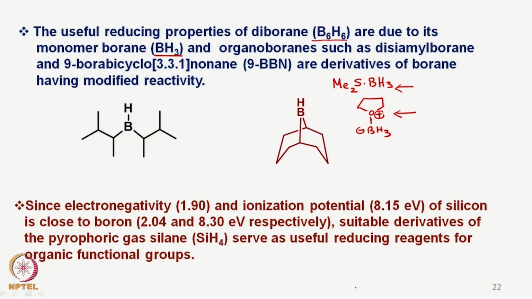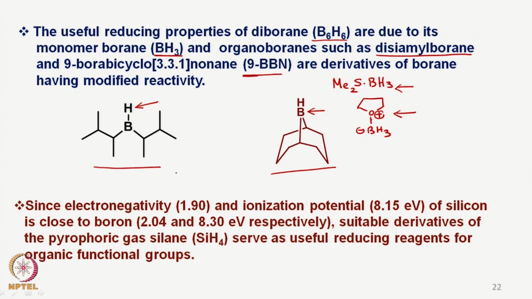In addition to these, H.C. Brown has developed a large number of reducing agents based on boron, 9-borabicyclononane or disiamylborane, which we discussed. This is the disiamylborane and this is 9-borabicyclononane, some of the reducing agents based on boron, which are not dimeric because of the steric bulk, and they need not be stabilized like dimethyl sulfide or tetrahydrofuran.